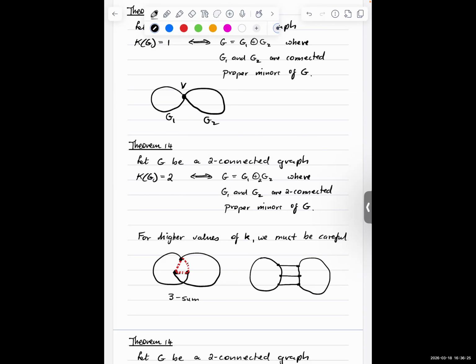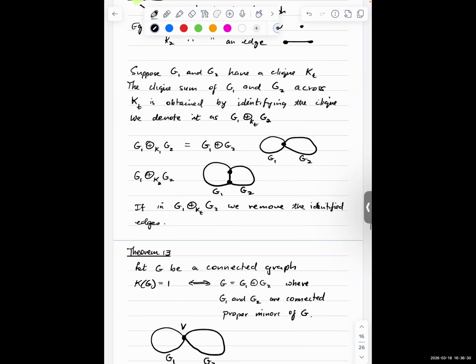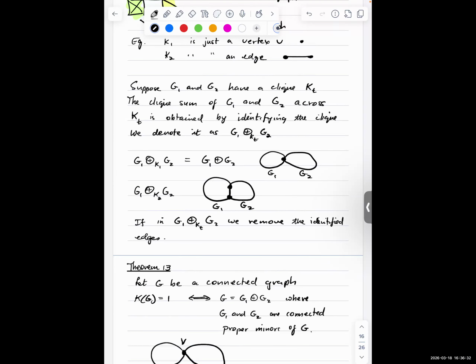Okay, and we talk about a clique sum across K1, which is just across a vertex. Some people call this vertex amalgamation. That may arguably be the better word, but we can take it forward to edge amalgamation and then triangle amalgamation, and then we're running out of words, right?